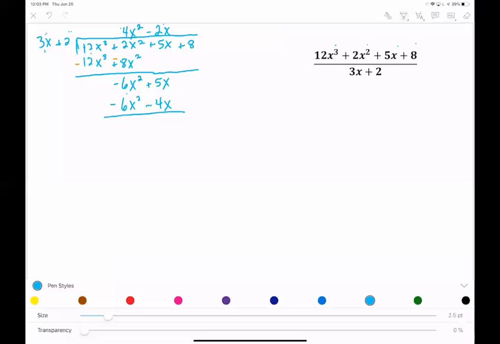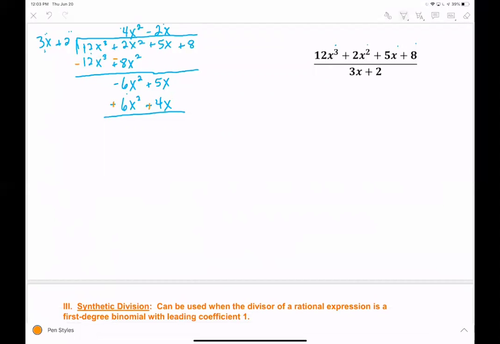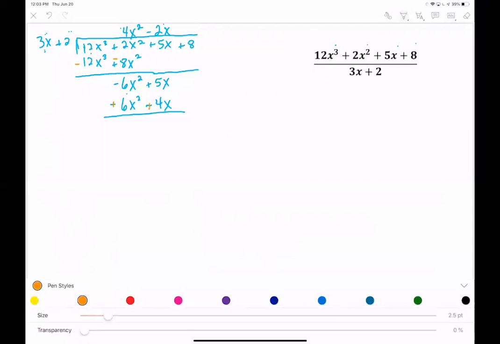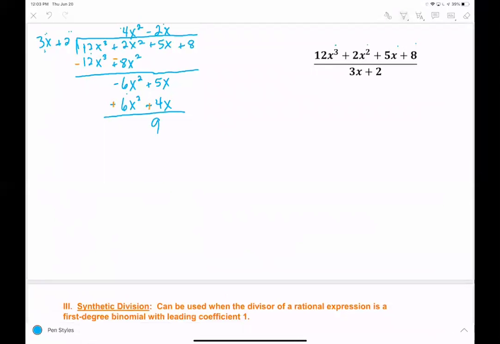Here we're going to subtract again, but when we subtract these negatives, it changes to positives. So the first terms are going to cancel. 5 plus 4 is 9x, and I'm going to bring down my plus 8. Then we're going to repeat again.